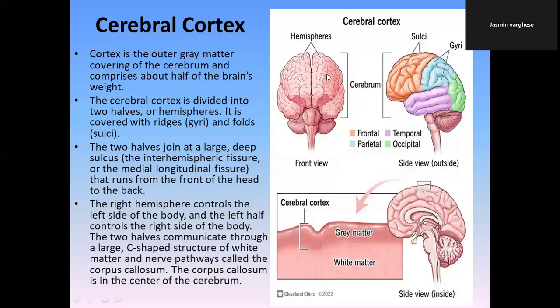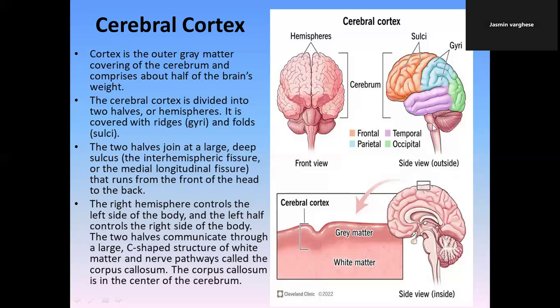Cerebral cortex is divided into 2 halves known as hemispheres, and it is covered with ridges and folds. The ridges are known as gyri, and the folds are known as sulci.